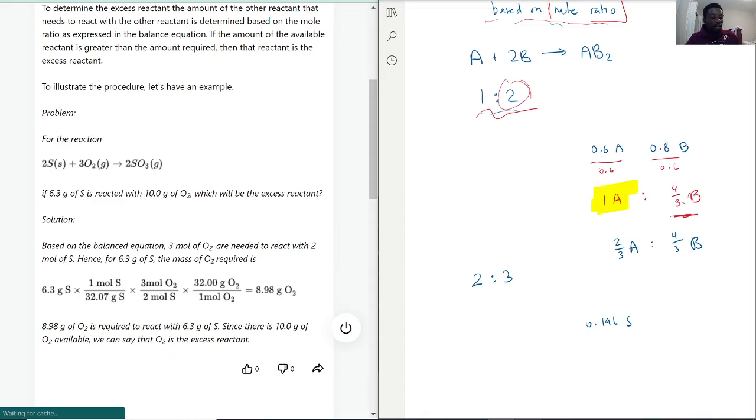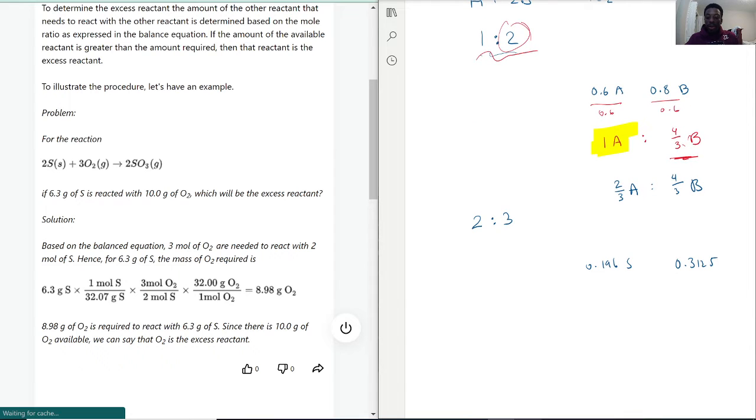And then the oxygen, we have 10 grams, and it's 32 grams because there's 2 oxygens there. So 10 divided by 32, we get 0.3125.